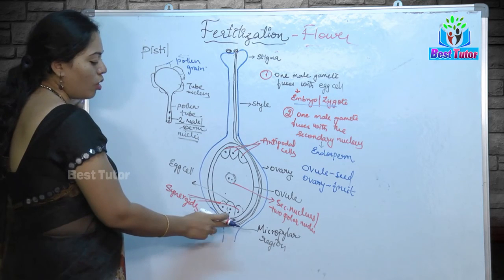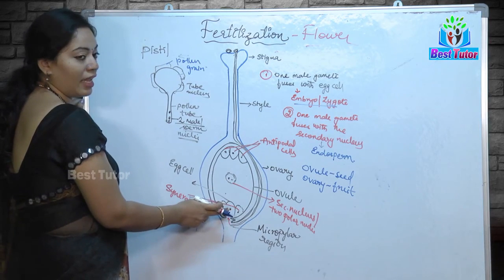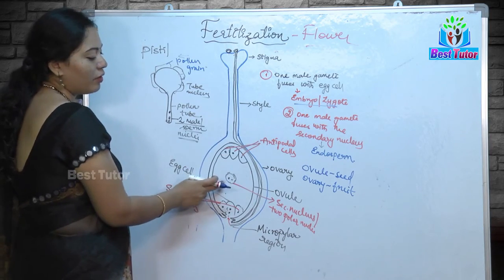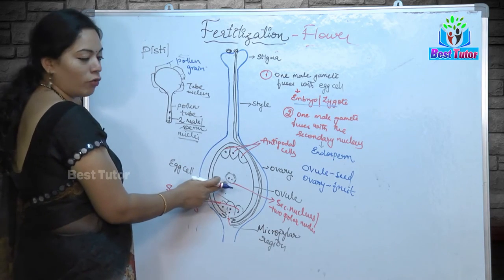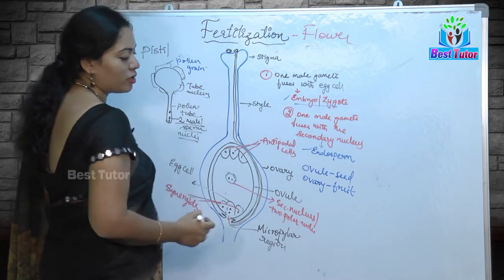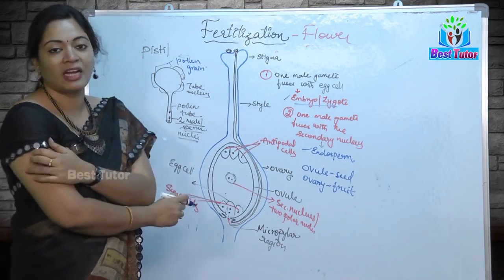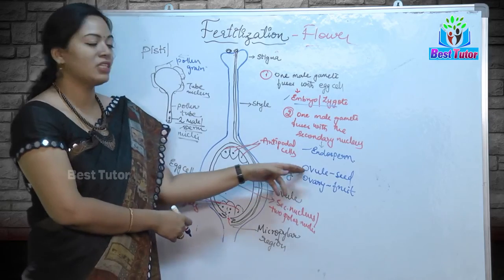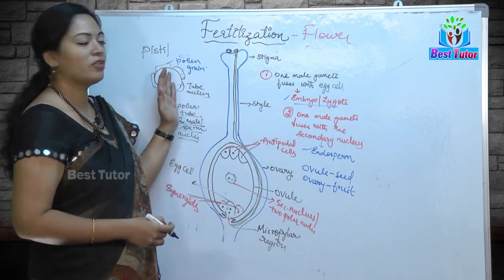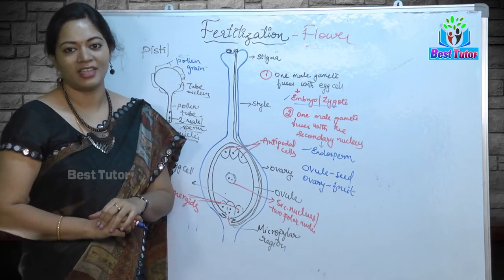And if you observe, one male gamete will fuse with the egg cell of the ovule and another male gamete will fuse with the secondary nucleus of the ovule, and that's how we see the formation of embryo and endosperm. And finally, after this fertilization process, the ovule will turn into a seed and the ovary into a fruit. That's how fertilization occurs in a flower.